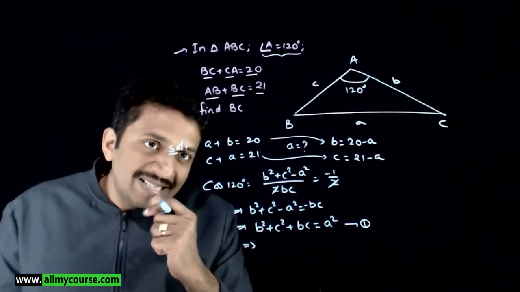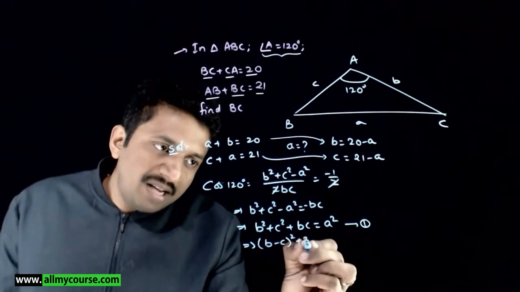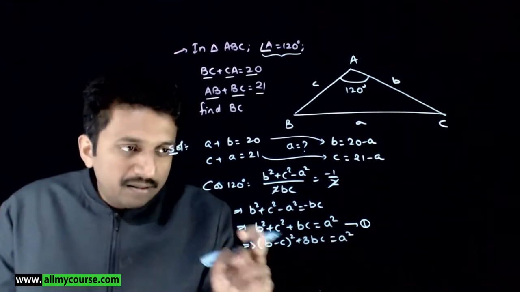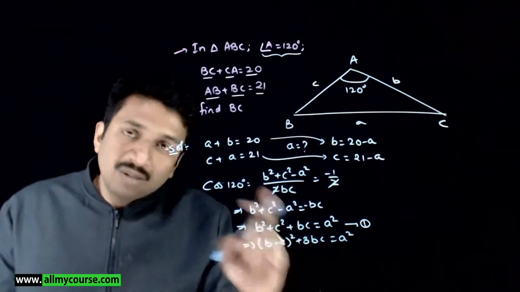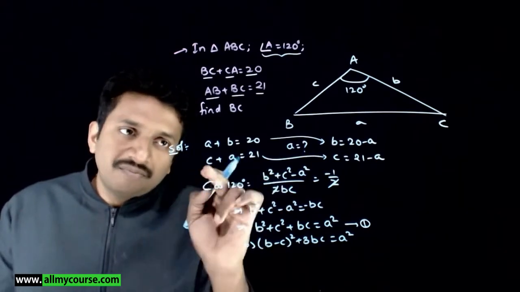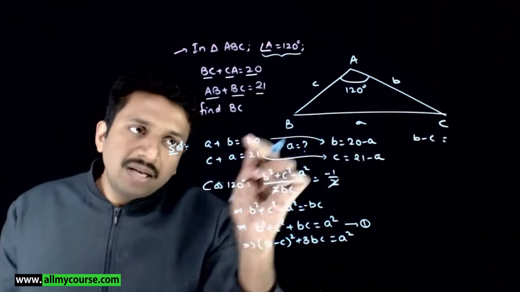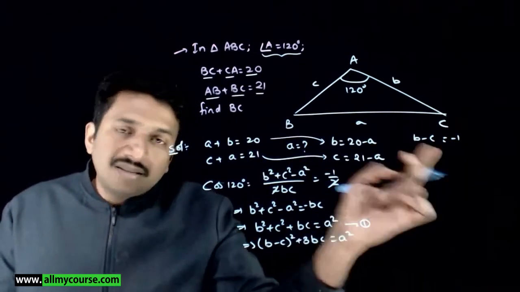But the better way is, I can write this as (b minus c) whole square plus 3bc is equal to a square. So (b minus c) whole square is b square plus c square minus 2bc, plus 3bc is plus bc. Now what is b minus c? If you subtract one from the other, b minus c is equal to 20 minus 21, which is minus 1.